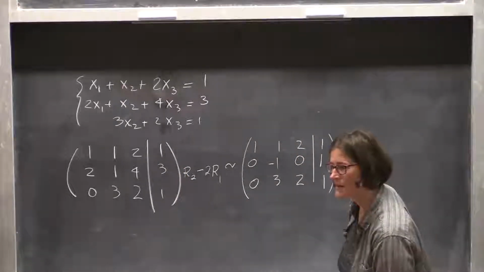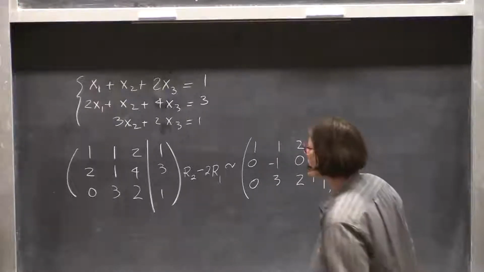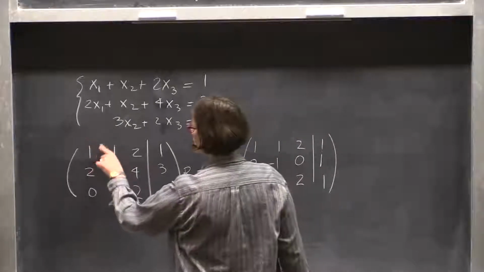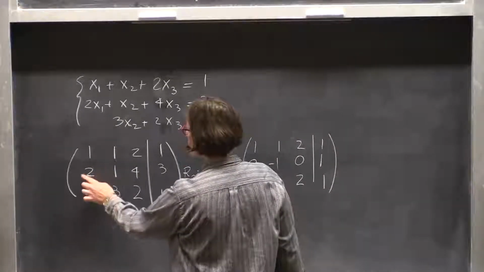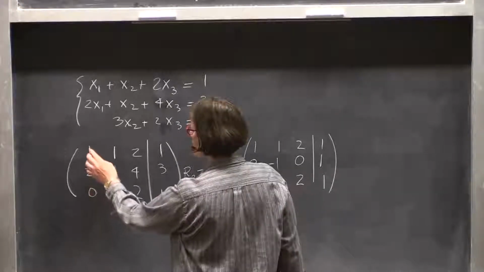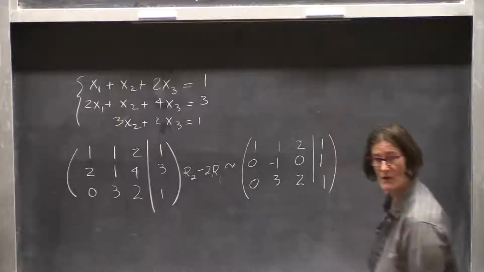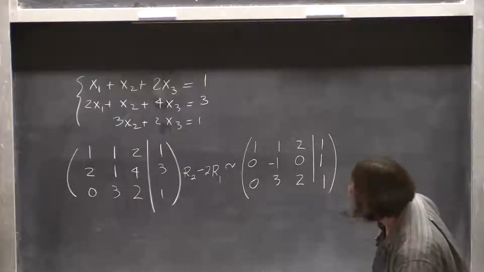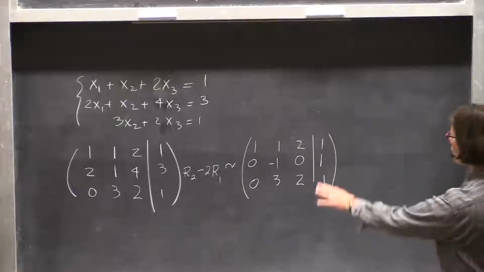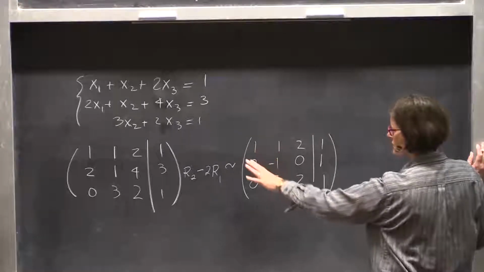Yes? Why this time did you do R2 minus 2 R1? Because I wanted to use this 1 to kill everything below it. And so to get rid of this 2, I'm going to have to subtract 2 of these. Are there other questions? Okay. Now, for reasons you'll see, I like to have 1s whenever possible.